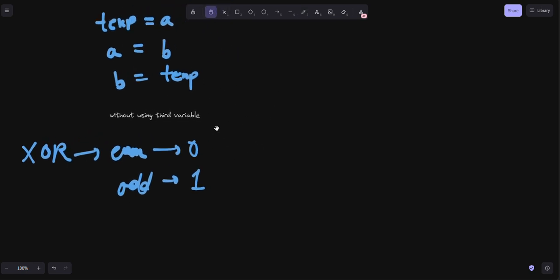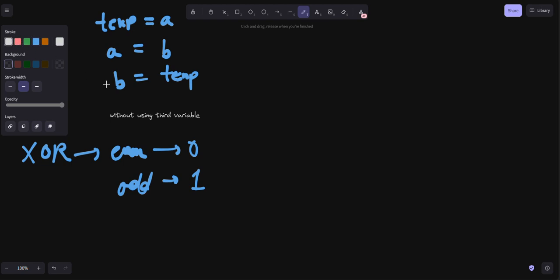So using this, there's one observation which has been made, and if you remember this, it will be beneficial for you in the longer run. So don't question right now how we thought of this, but just remember that we saw the XOR operation, that even counts of ones will give you 0 and odd counts will give you 1.